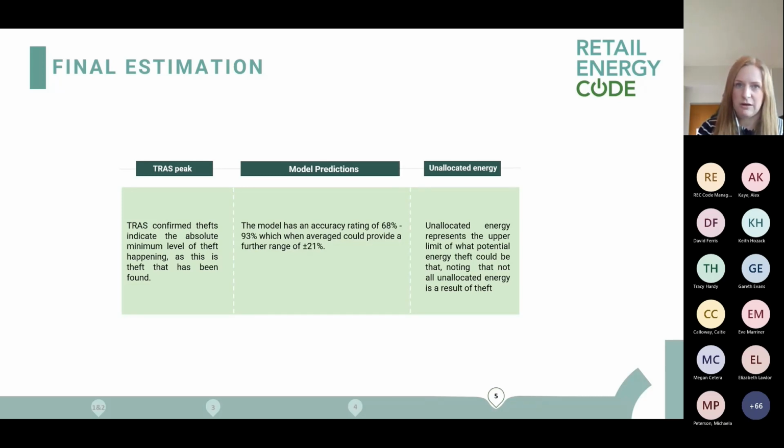TRAS stopped in early 2021, and there was data post-TRAS that was submitted for the incentive schemes from September 2021. So in 2021, we don't have a good view either. So we used the peak of TRAS at 2019 as our lower level. And then we looked at the top levels on allocated energy.